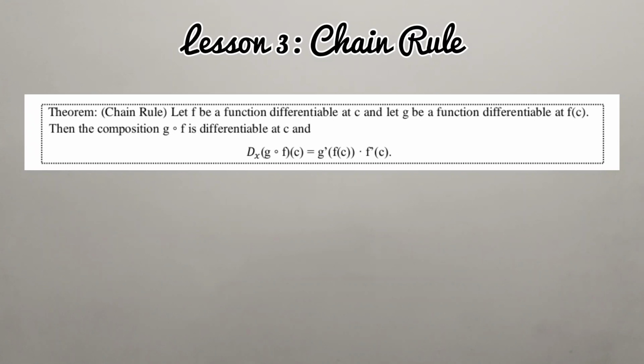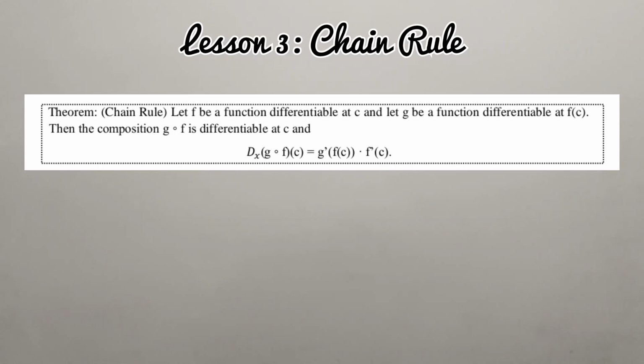This is the theorem that relates to the chain rule. Let f be a function differentiable at c, and let g be a function differentiable at f of c. Then the composition g compose f is differentiable at c, and the derivative of g compose f at c is equal to the product of the derivative of g at f of c and the derivative of f at c.